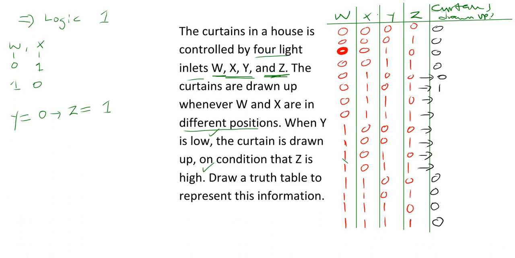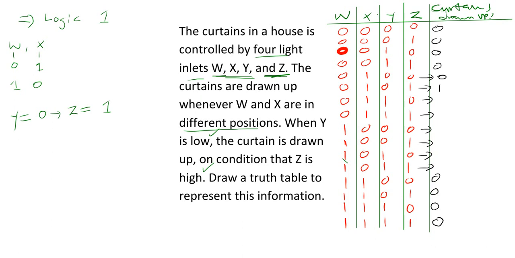The next one, we have X and W, they are okay. At this row, X and W are okay, but we don't have any restriction as per the question telling us what we should do when Y is high or Z is low.